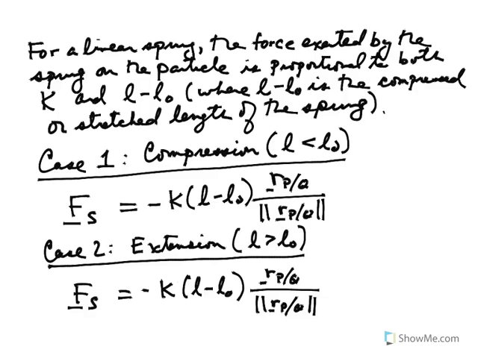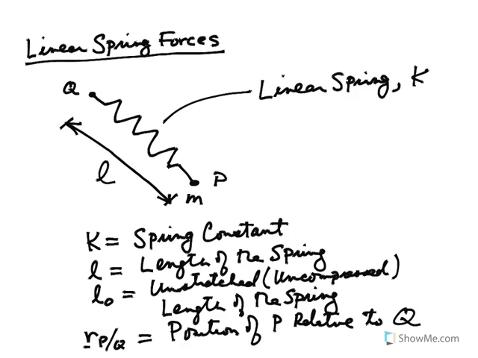Now, if you go back over to the diagram here, let's label this. Q is what's called the attachment point of the spring. So basically it says that the spring starts at the attachment point, whatever that point is.